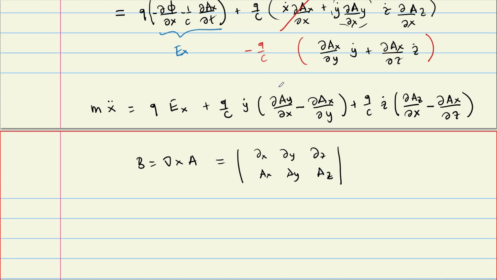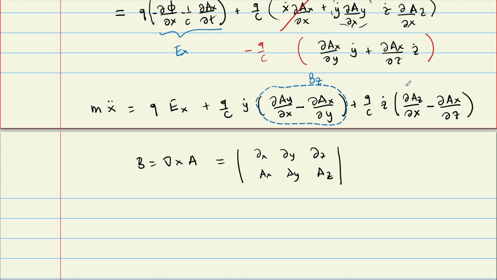So the first term here can be identified with, this is the y component, this is the z component, del A y minus del A x. Yes, this is the B z component.